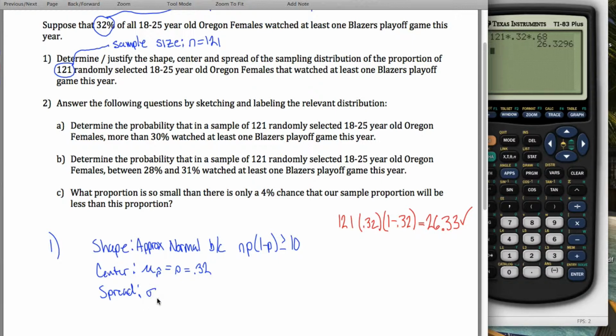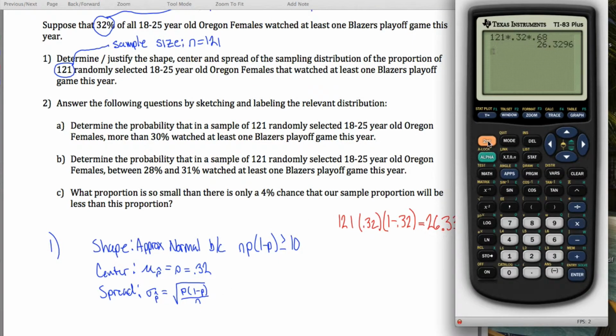Spread. Every one of those sample proportions, they could be different. They'll vary. There's some variance in there. Well, what's the standard deviation? There's a formula for it. Turns out it's given if you just know P and N by this formula. So I can come over here to my calculator and I can say the square root of P, which was equal to 0.32, times 1 minus P, which is 0.68, divided by N, which is 121.